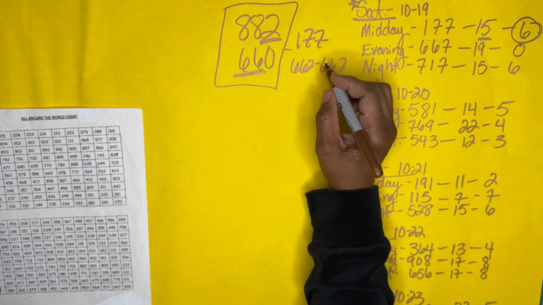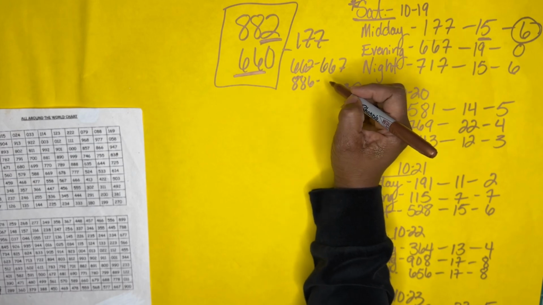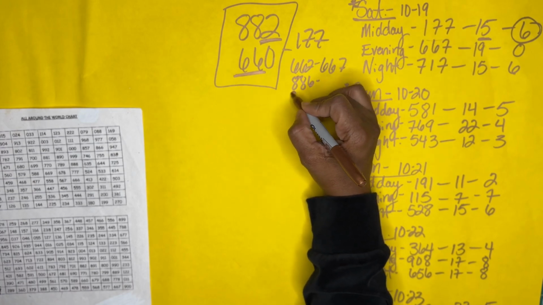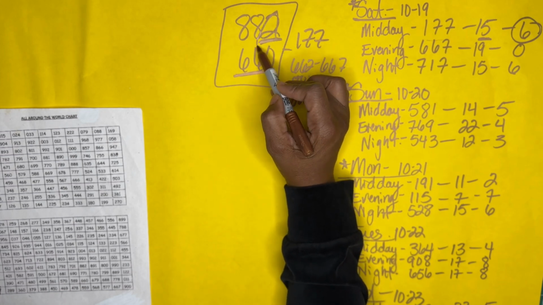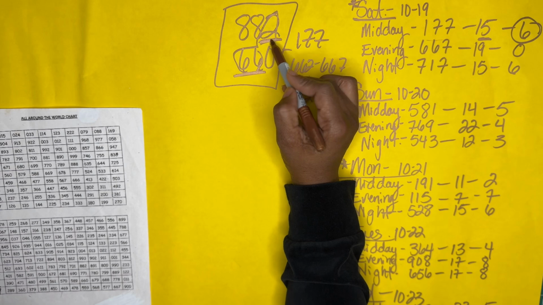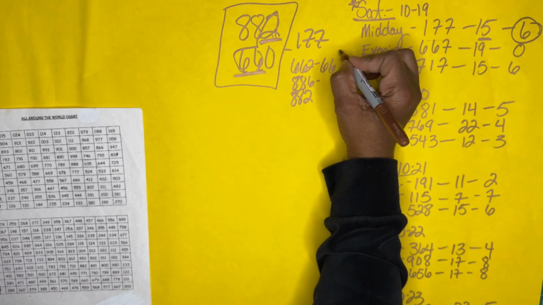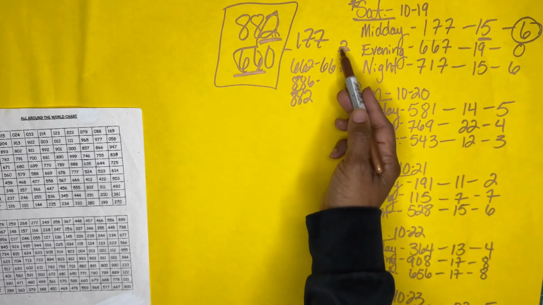I would have done 886 or 882 like it is there. But the next number was 667. So they changed that 2 to a 7. I would have done either one of those.